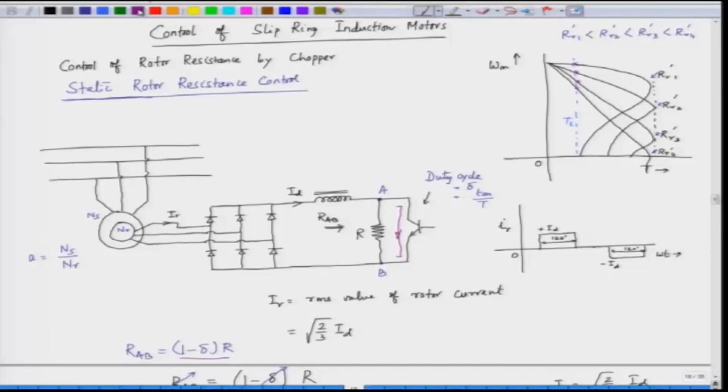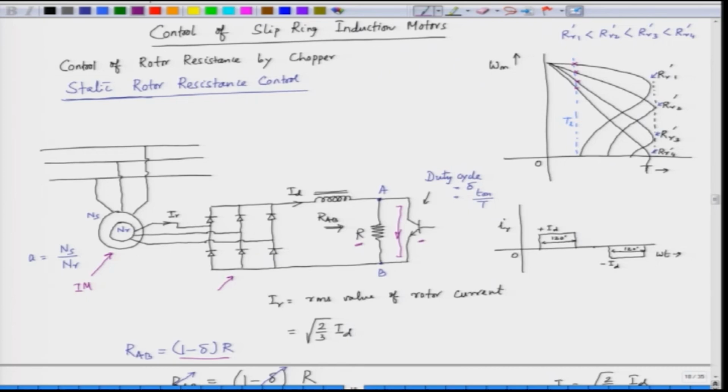Now, this is what we were trying here, that we have an induction motor, a slip ring induction motor, and then we had an uncontrolled rectifier in the rotor circuit, and we rectified this. Then in the rotor circuit we injected a resistance R, and connected a switch, and the switch is closed and opened to control the resistance.